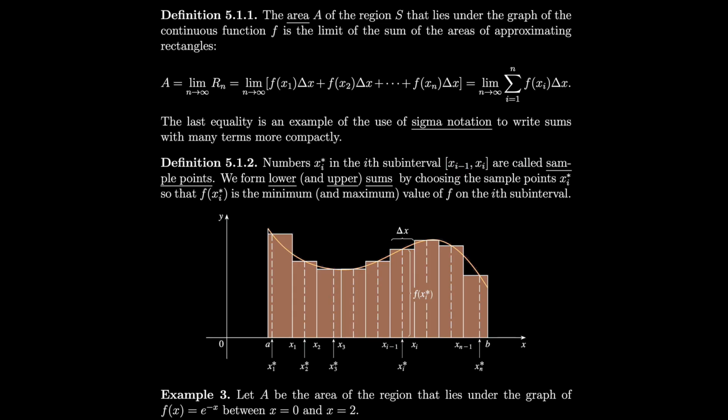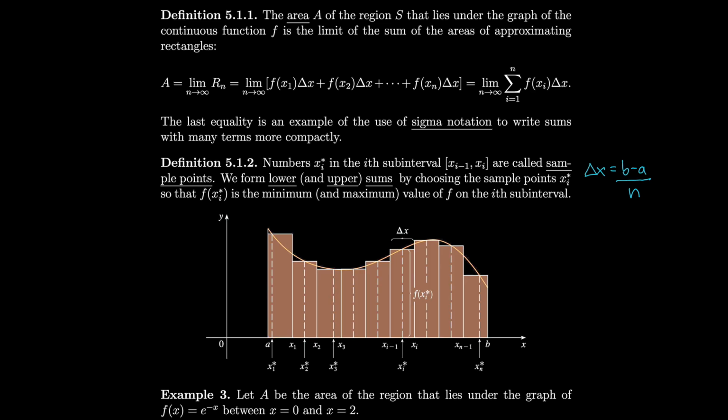This means that the width, delta x, we could write as the last x value in the interval, minus the first, that entire difference, b minus a, and we just divide by how many rectangles we're using, n. This will tell you the width for every single rectangle.